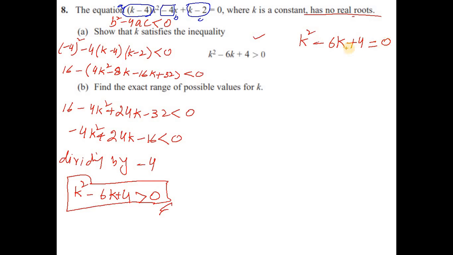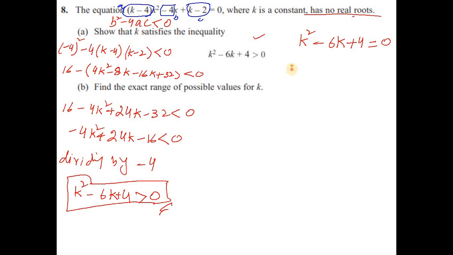And by the method of factorization, or if not possible, we can use the quadratic formula to figure out the values of k. Clearly we cannot factorize because of 4 and 6, so we'll have to use the quadratic formula.